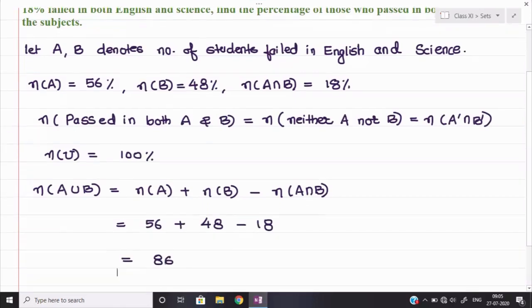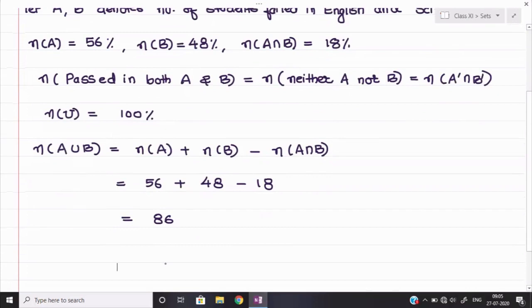So we can say that n of A union B is equal to 86, meaning 86% of the students have failed in a minimum of one subject. They may have failed in A, failed in B, or failed in both. So we need to find out now how many of them passed in both subjects. Let us see how we can find out.